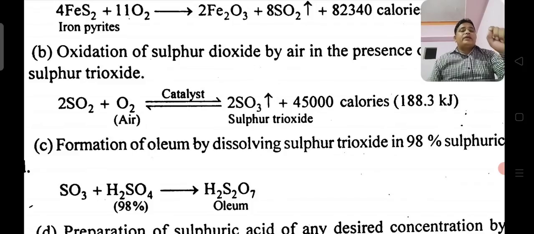These optimum conditions are very useful to obtain the maximum yield of sulfur trioxide.